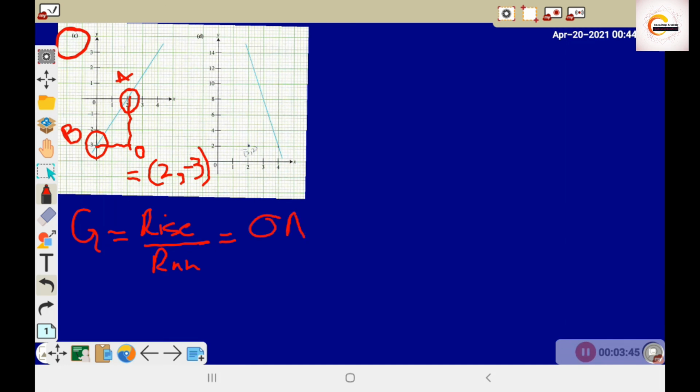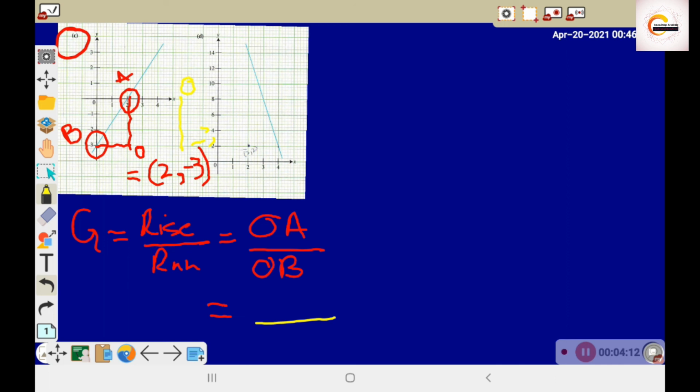Okay, now gradient, we know rise upon run, which is going to be, rise is OA upon OB. So let's calculate the value of OA and OB. For OA, final value minus initial value. See, final value is 0 and initial value is -3.